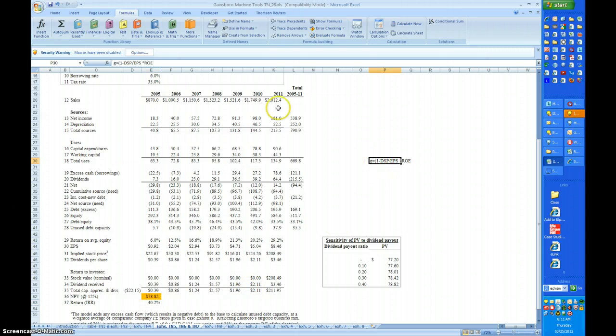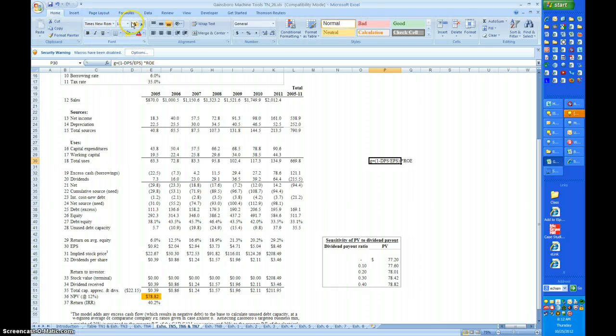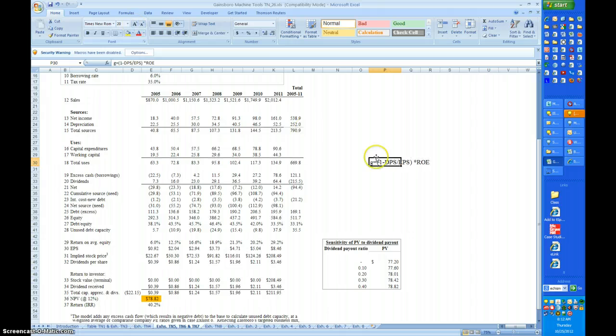Now, as you can see from this, the growth rate is, I'll make this bigger, 1 minus the dividend payout ratio, DPS divided by EPS, which is how much of earnings they pay out as dividend, times ROE.